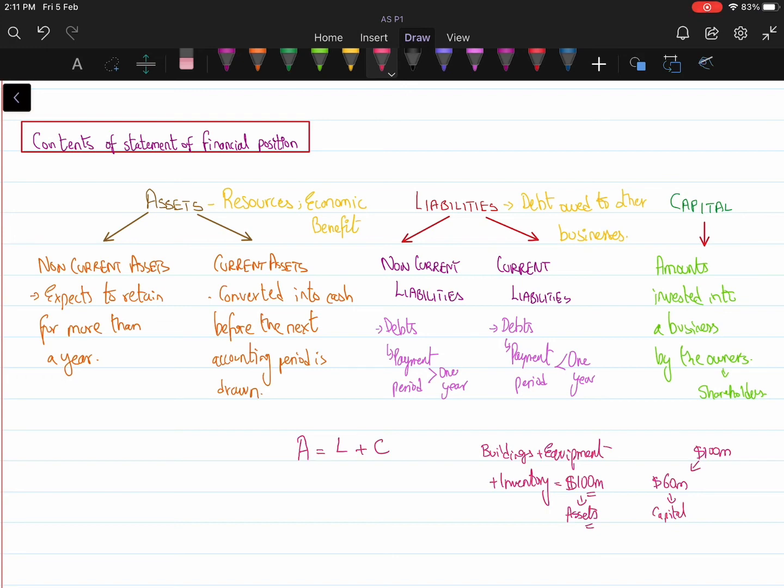So that's going to be your capital, 60 million, but you still need the 40. You take a loan from the bank. The loan has been granted from the bank, which is a liability. So the total amount of 100 million in the form of assets was raised by 60% capital of your own and 40% liability.